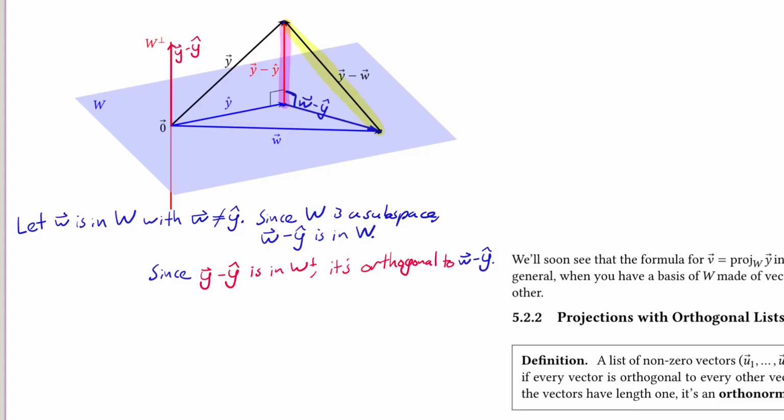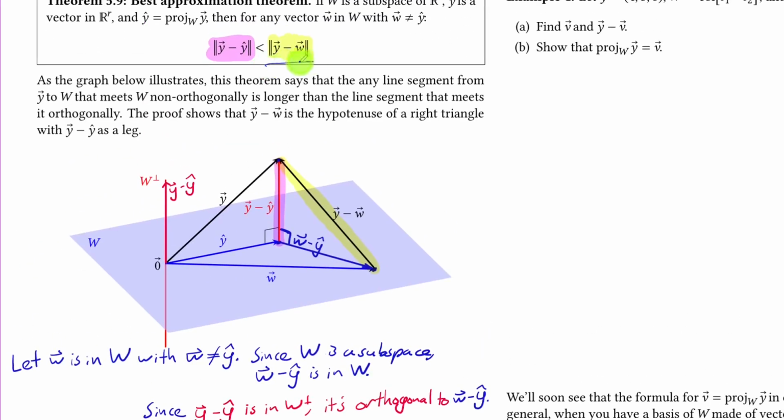Where we're going with this is that y minus w is going to be the hypotenuse of a triangle, which must be longer than each of its legs, which is what we're trying to show, that this is longer than the vertical perpendicular y minus y hat.